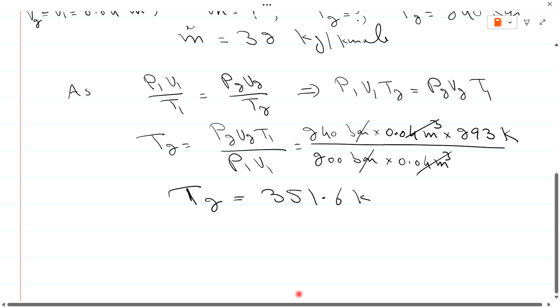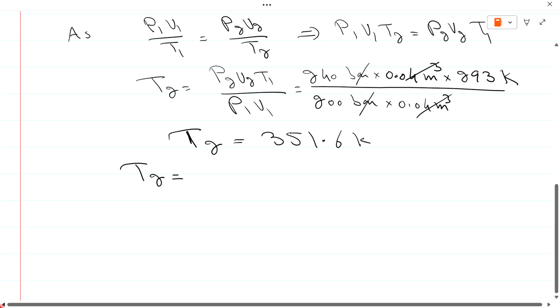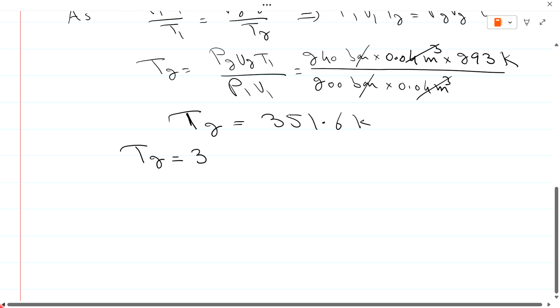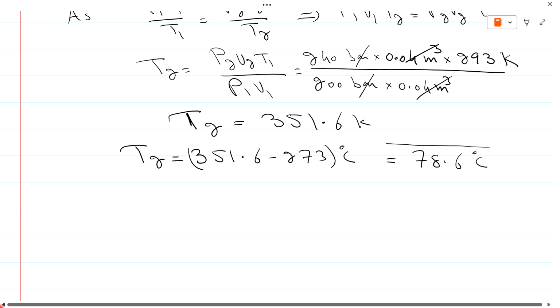If we find this value in degree centigrade, we subtract 273 from it. So T2 is equal to 351.6 minus 273, which is 78.6 degree centigrade. This is the value of T2, the final temperature.